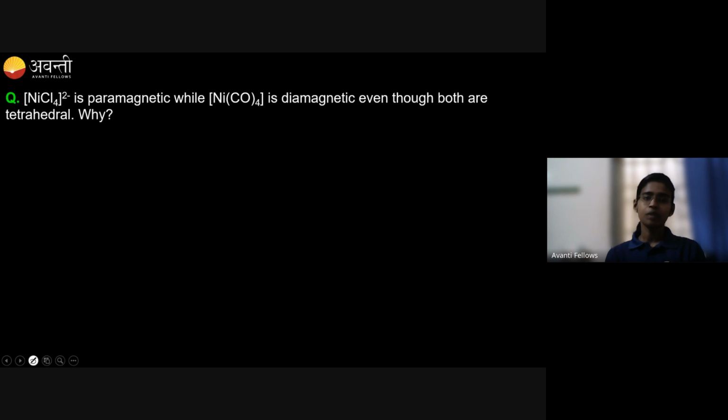Nickel tetracarbonyl and nickel tetrachloro, both the complexes I have discussed with you in the class, just a few minutes ago. Can you tell me why one is paramagnetic? Because of unpaired electrons. Which is having unpaired electrons? Nickel chloride complex is having unpaired electrons, right?